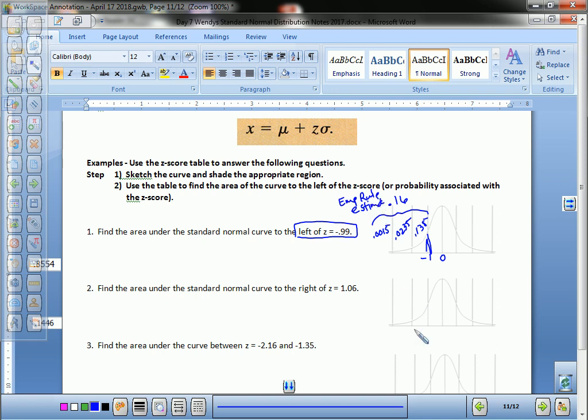Now, let's find a more exact answer. So to find a more exact answer, let's take the Z-score, look at your chart, and find the area under the curve that is associated with a Z-score of negative 0.99.